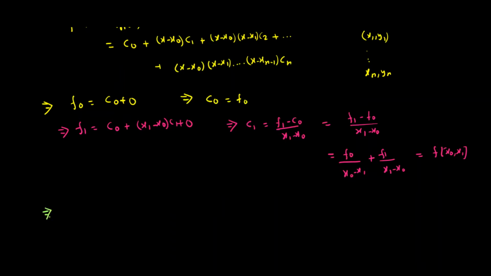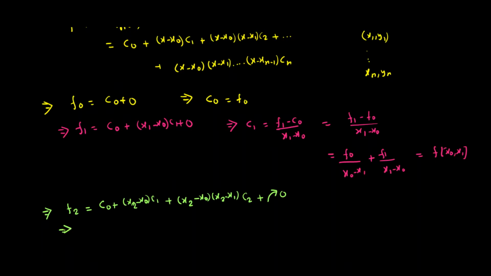Now the third condition: when x is equal to x2, the corresponding value of f is f2. So this will be c0 plus x2 minus x0 into c1 plus x2 minus x0 into x2 minus x1, and this will be c2, and obviously the higher terms will vanish to 0.